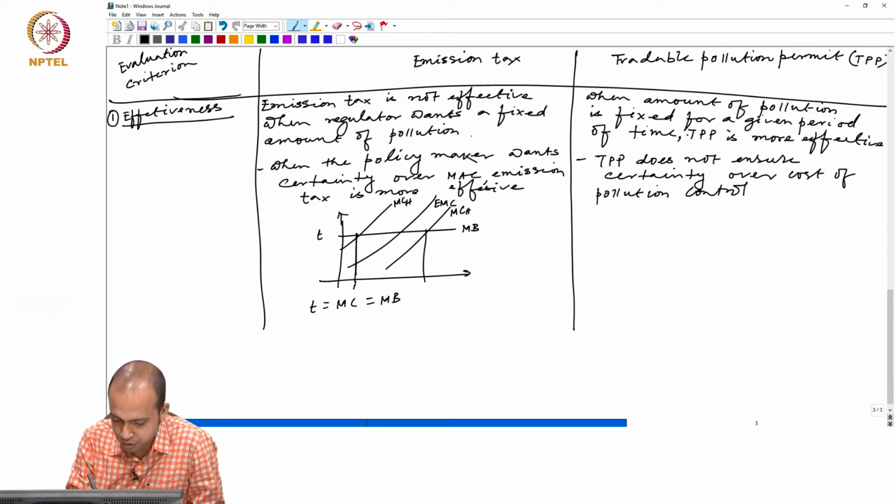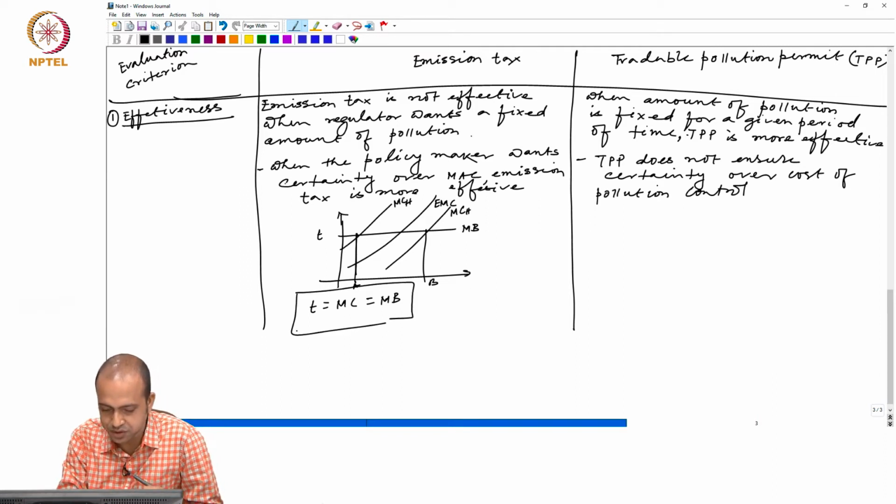At both the points A and B, T equals MB equals MC is achieved.